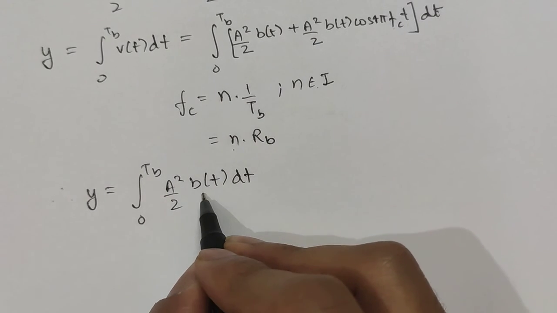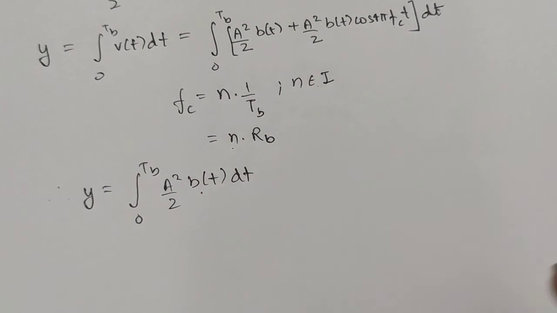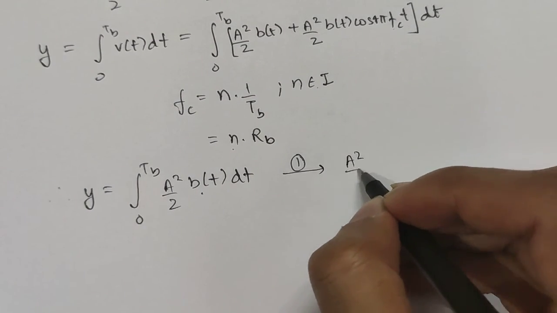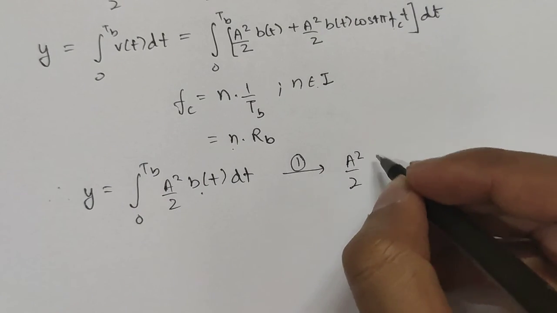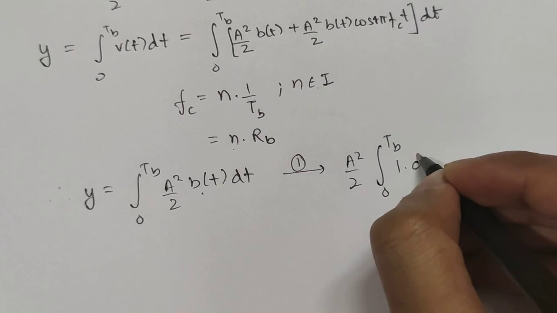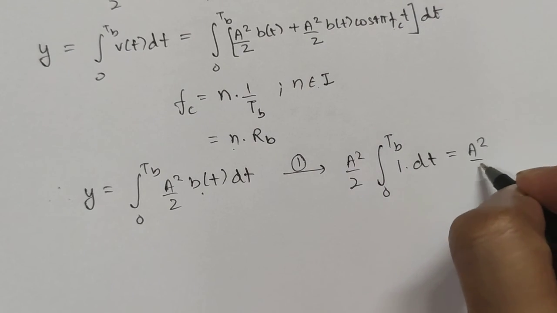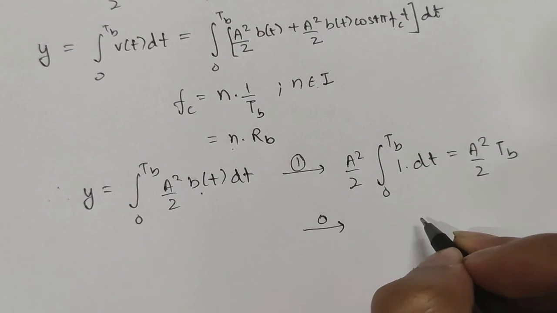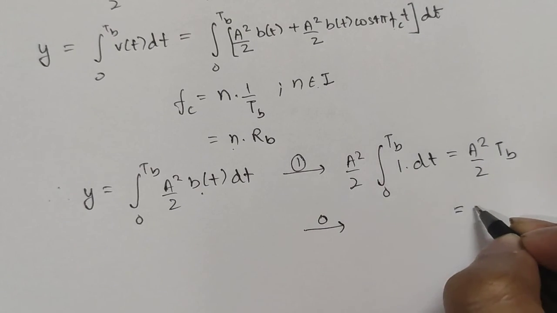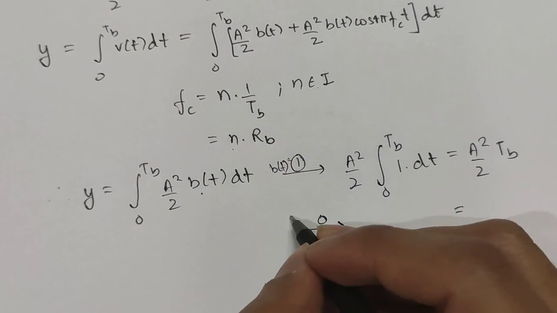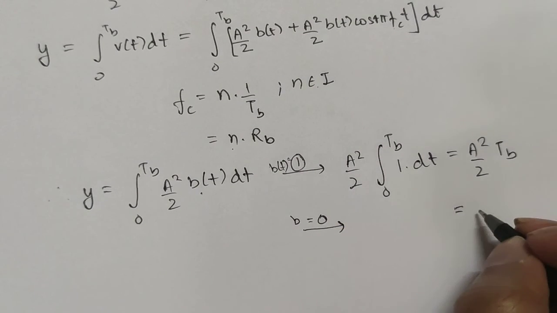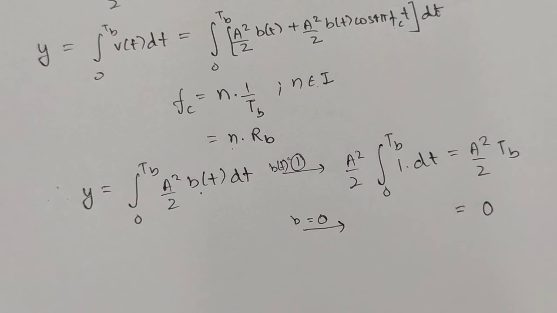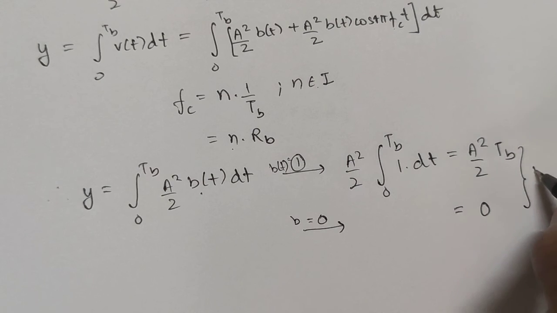If our b of t is 1, like it will be 1 and 0, so for bit 1 we will get A squared by 2. Since it is constant, it will come out of the integral, and this will be A squared Tb by 2. For b of t equal to 0, the integral will become 0. We got the two values of y.